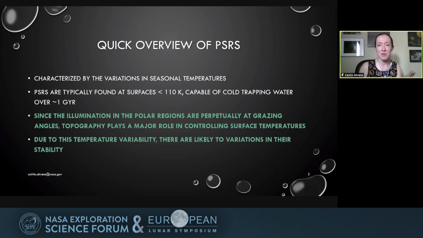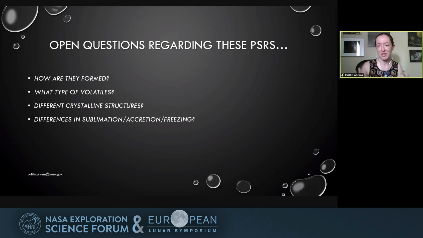As our previous presenter made us aware, illumination is also something to be aware of with these PSRs. In that case, the topography would also play a role as to how these PSRs even accumulated and crystallized. So it's not just temperature variations, it's also all this accumulation of these different kinds of volatiles.